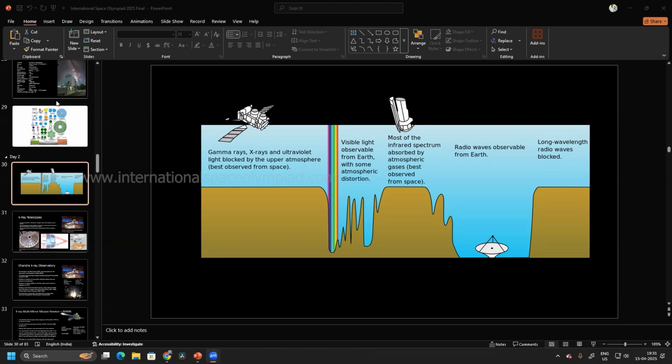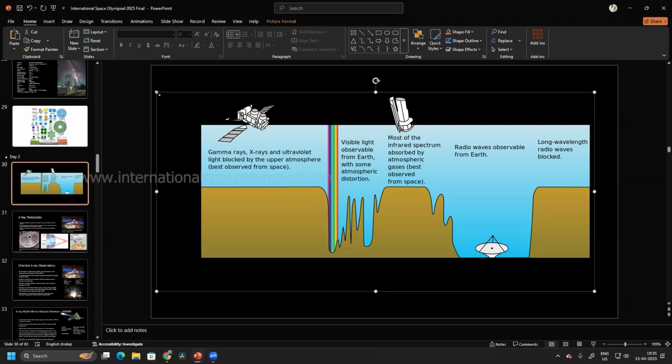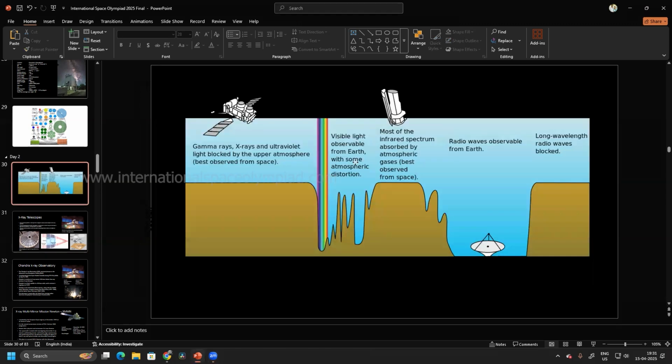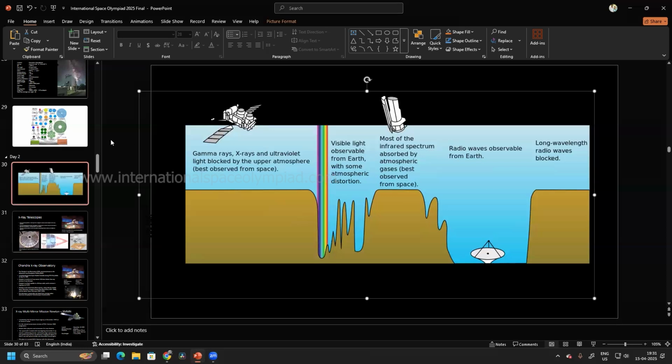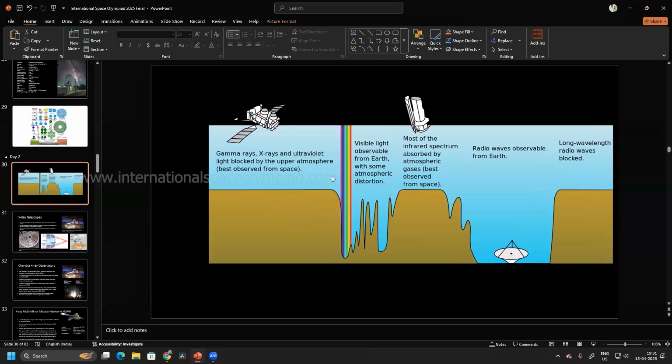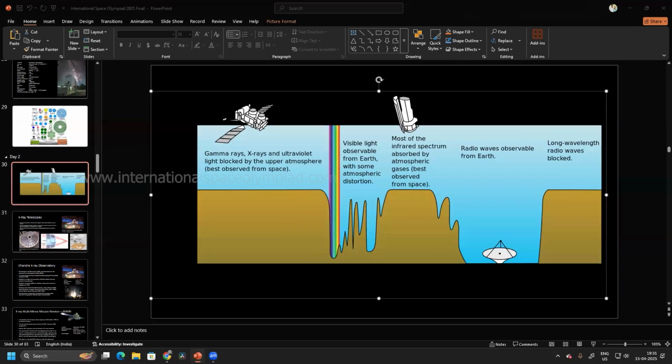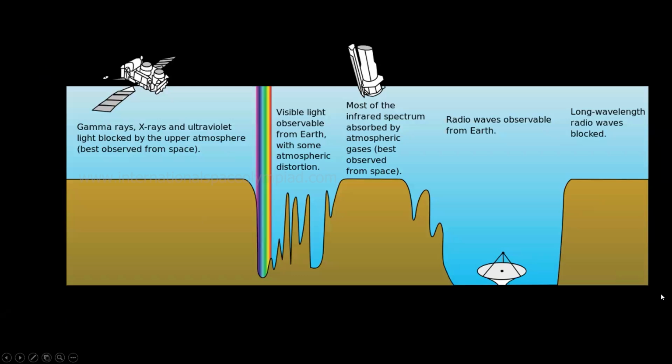Okay, so before going to that, let me start with this slide that gives you the importance of why we need a space telescope, or why we have to send telescopes to space. So let's see. Assume that this is a diagram. In this diagram, this is the opacity, basically how opaque the atmosphere is.